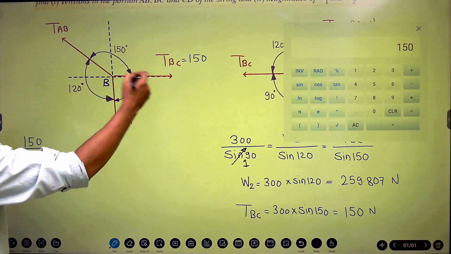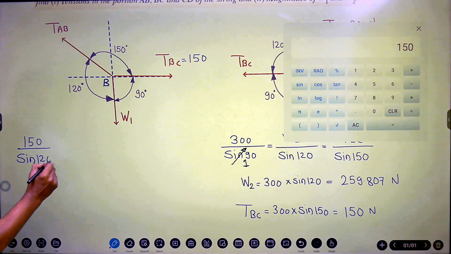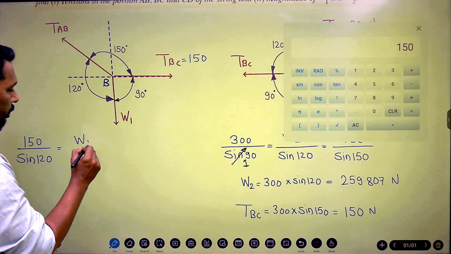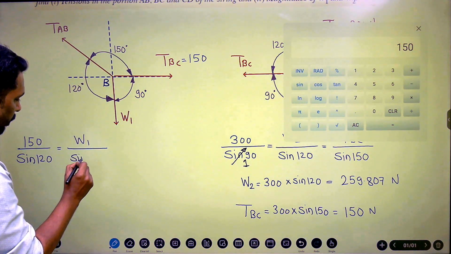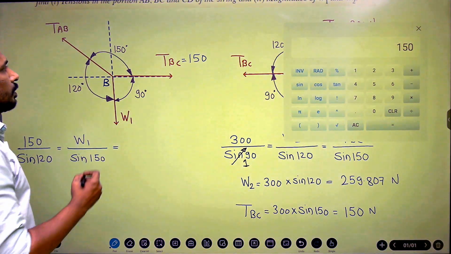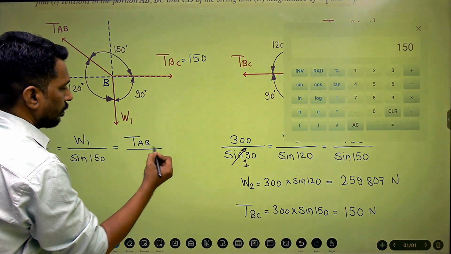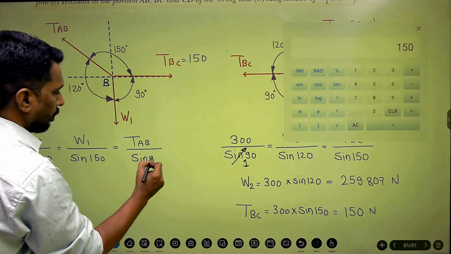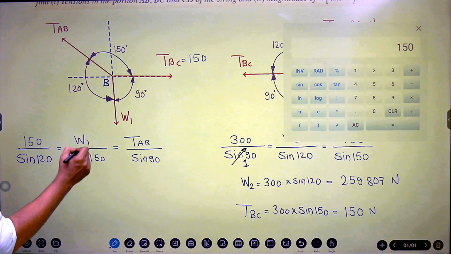TBC if I consider, then the angle between these two forces is sine 120, which is equal to, if I consider W1 first, then W1 upon the angle between the other two forces, that is 150, so sine of 150, which is equal to the remaining force, that is TAB, divided by sine of the angle between the other two, so sine 90. Okay, so if I equate these two first, 150 by sine 120 is equal to W1 by sine 150.